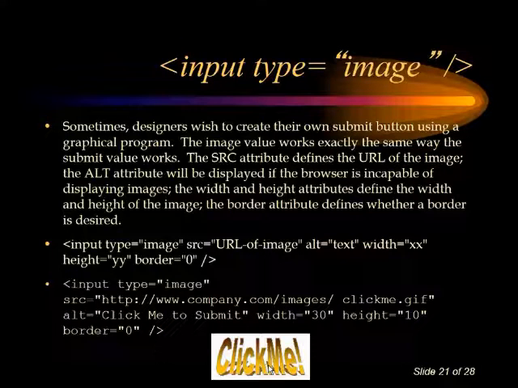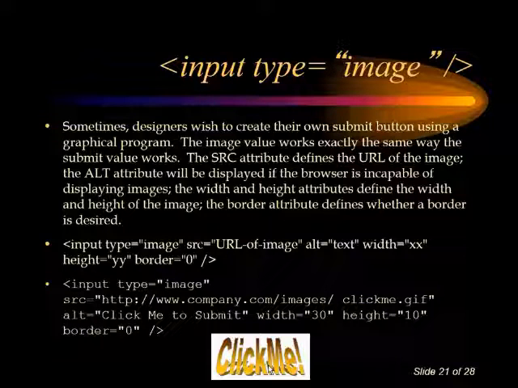That's input type equals image. The syntax for input type equals image is input type equals image, src equals, and then the location of the picture, so the URL to the picture, alt equals the alternative text for that picture, and if you want to specify the width and the height and the border, you can specify the width, height, and border as well.